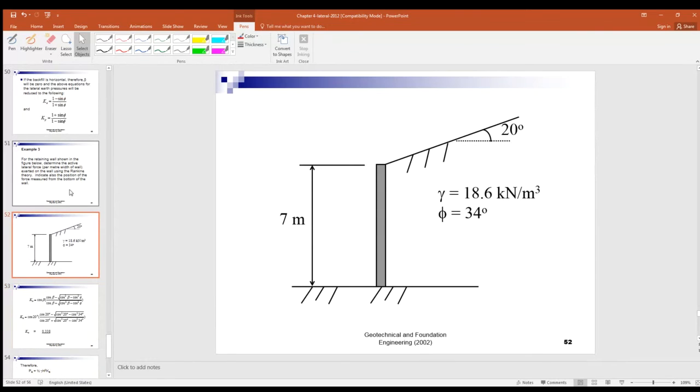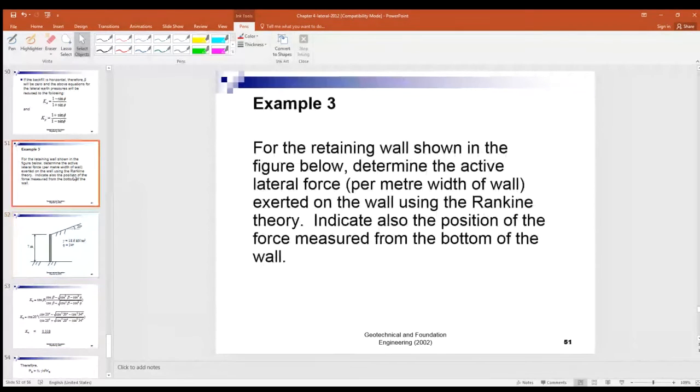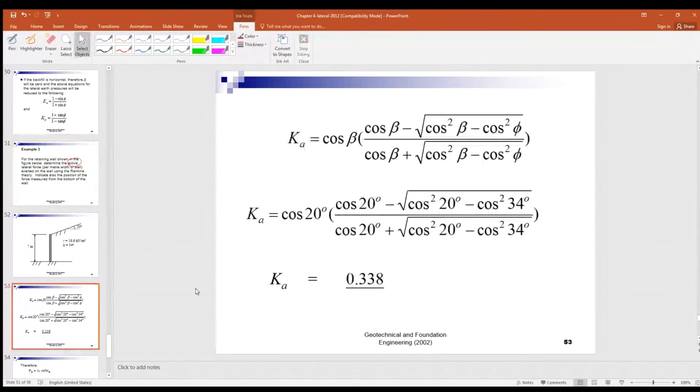Well, for example 3, we want to work out the force acting behind this retaining wall, so here you work out the active pressure. So very simple. Beta is 20 degrees and phi is 34 degrees.